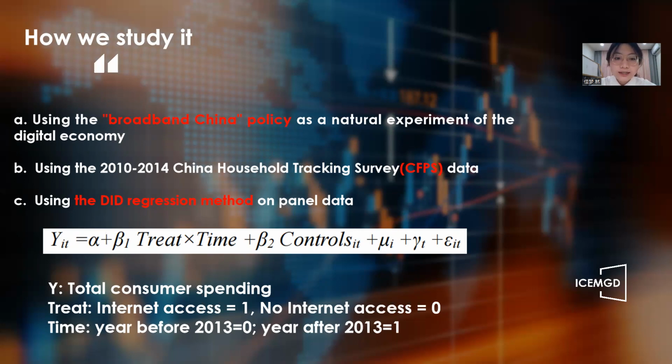Then we use the DID regression method. Here's our basic model. Here Y represents total consumer spending, and the DID part is the treatment group times time. Also, we add many related control variables.